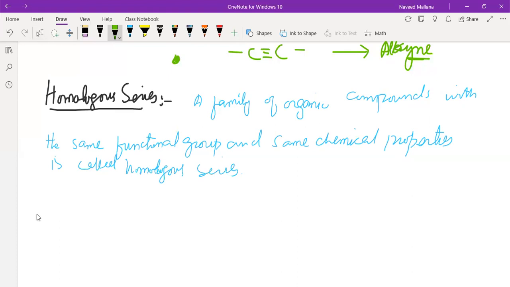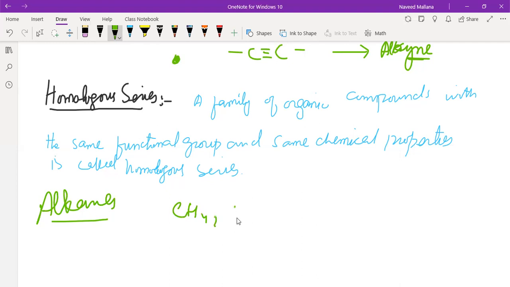If we are taking the example of alkanes, the first member of alkane family is this.